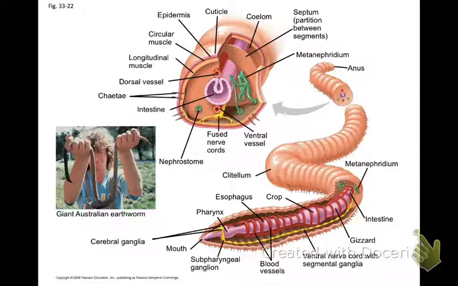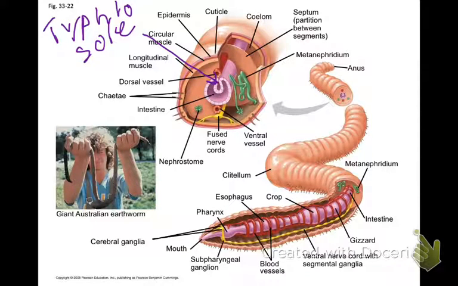mass. So if we look at the interior anatomy of the annelid worms, you can see that in the center you have the intestine, and the intestine has this invagination, which increases the surface area, and this is referred to as the typhlosole. So the function of that typhlosole is to increase surface area.